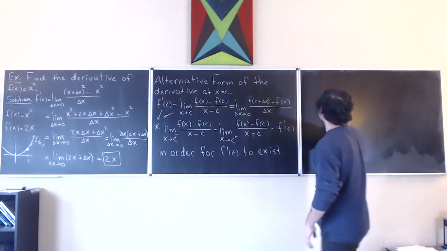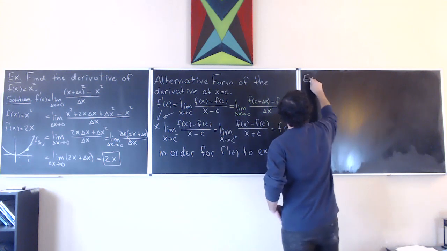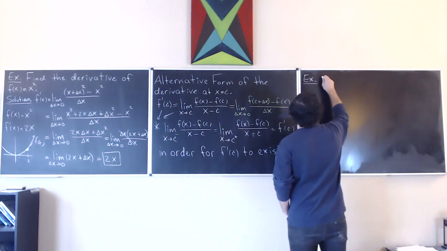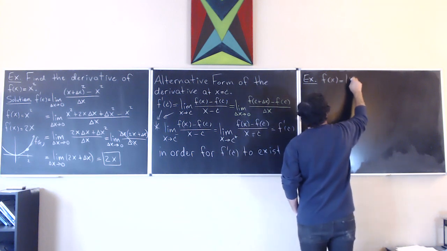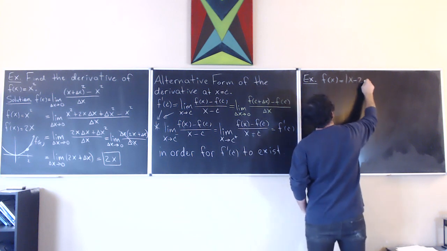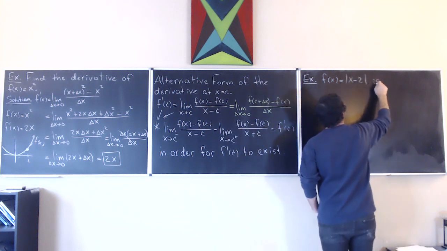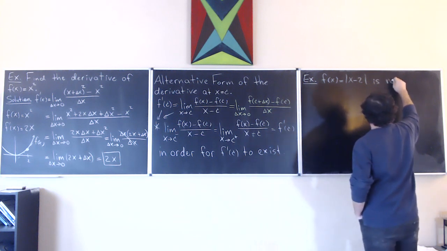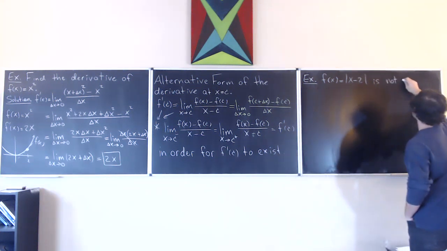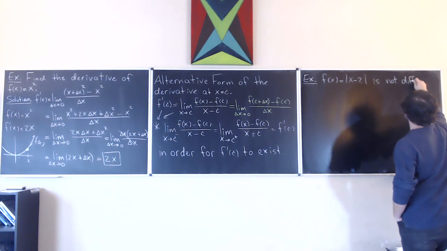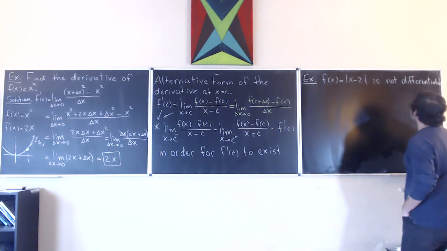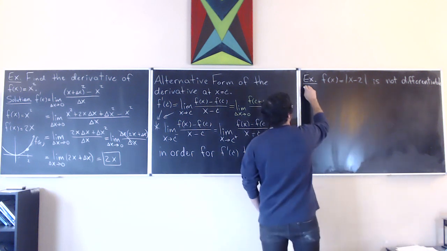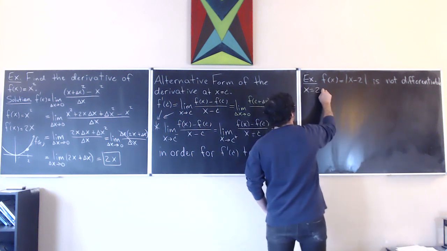So maybe something like f of x equals the absolute value of x minus 2 is not differentiable at x equals 2.